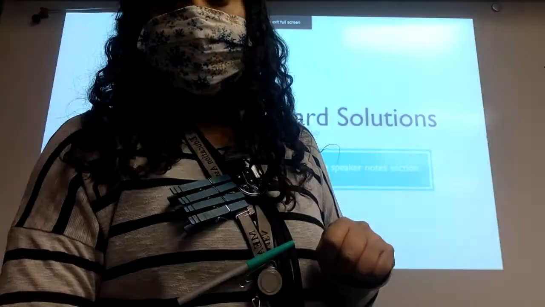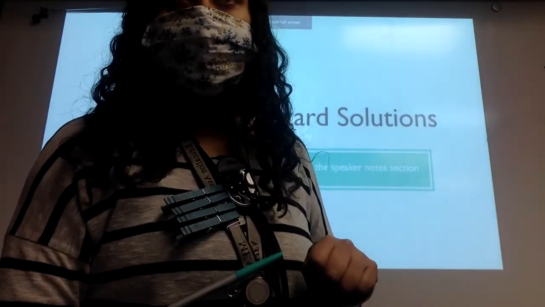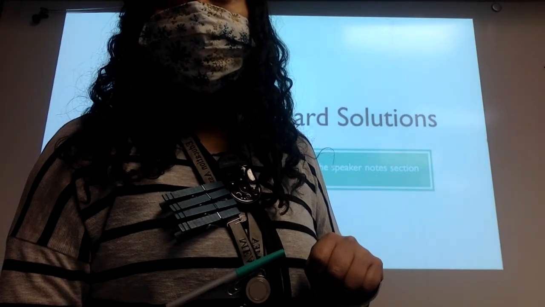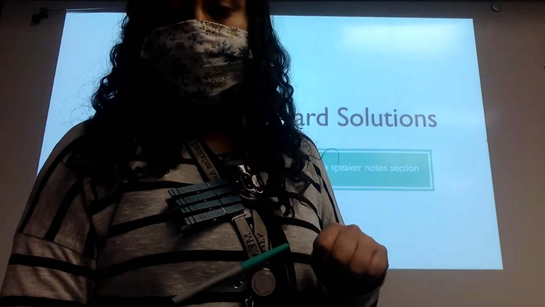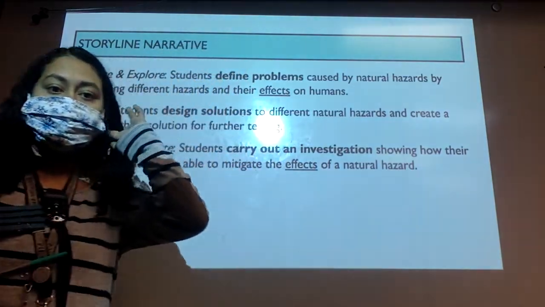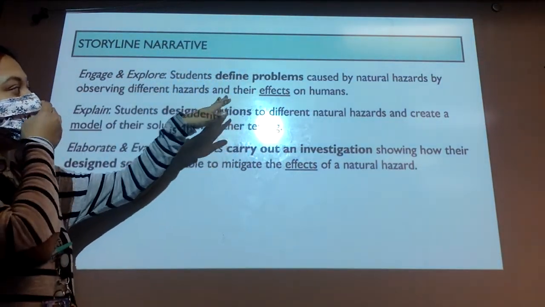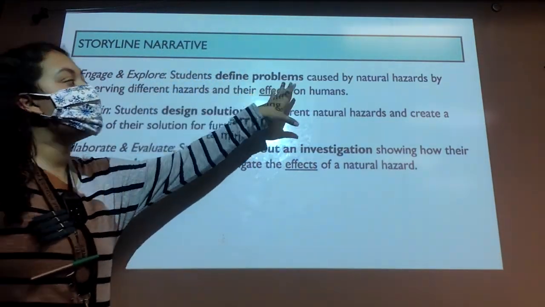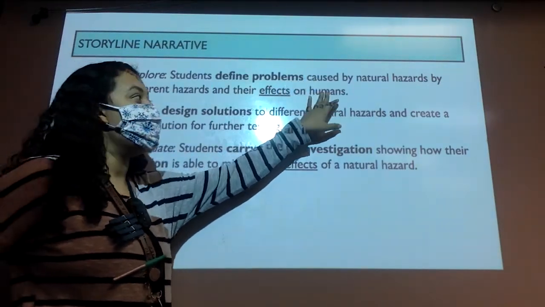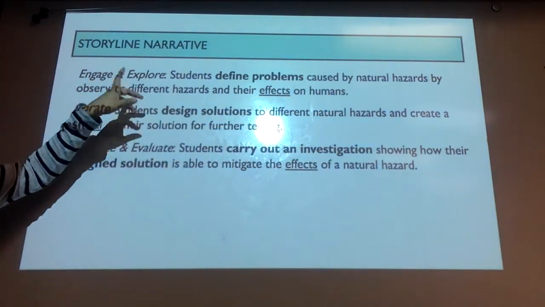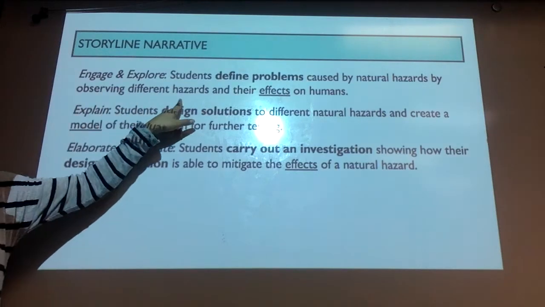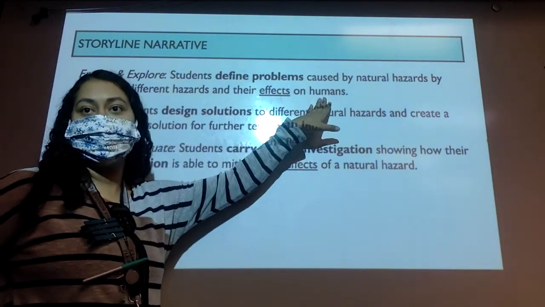Okay, so we're going to engage and explore. So you're going to define problems that are caused by natural hazards, by observing different hazards and their effects on humans, okay?